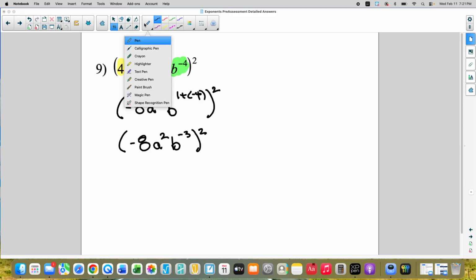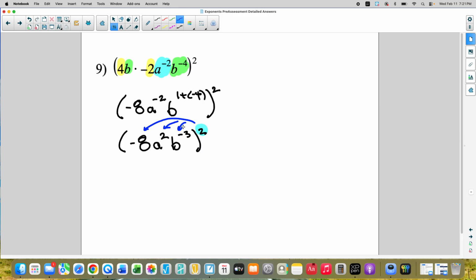Now I'm going to distribute this into the parentheses. I'm going to distribute it to each of the 3 pieces, giving me quantity of negative 8 to the 1 times 2, a to the 2 times 2, and b to the negative 3 times 2.